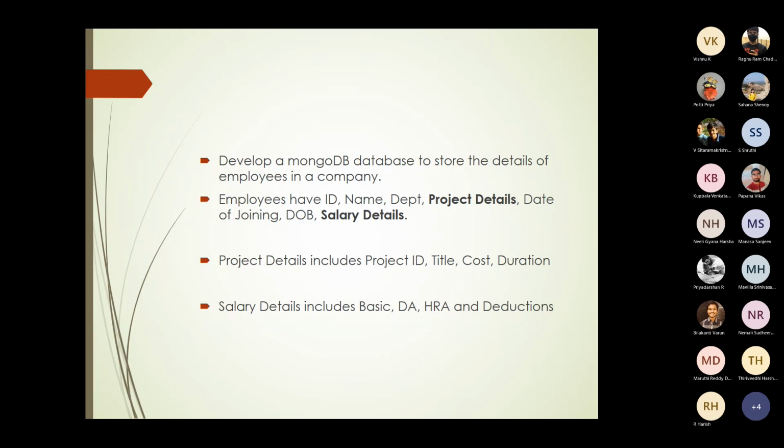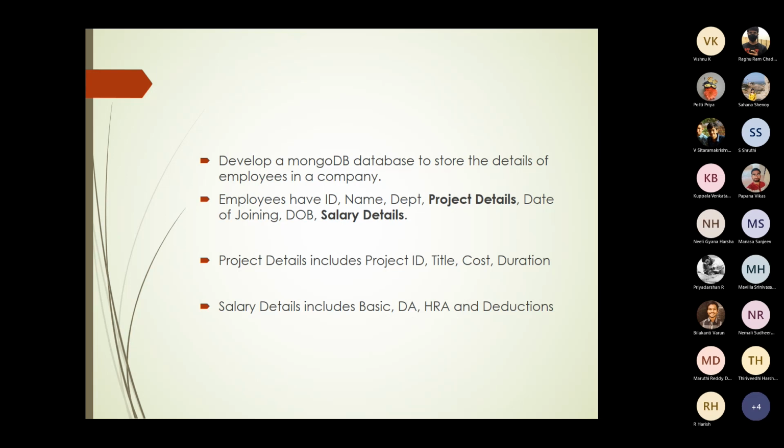So we need to develop a database for storing the employee details. Employees have ID, name, department, project details, date of joining, date of birth, salary details. Project details and salary details are nested documents because they contain in turn other sets of key value pairs. Project ID, title, cost, and duration are the other details you need to keep for project.